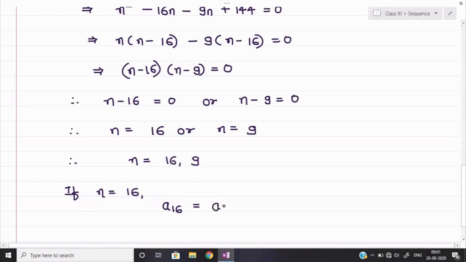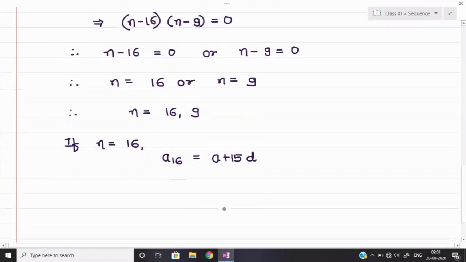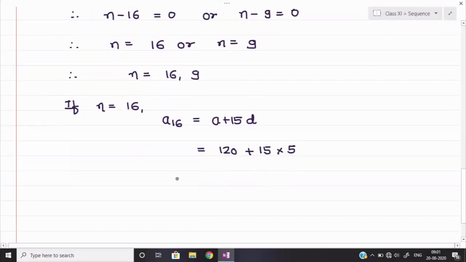That will be a plus 15d. If I put the value of a as 120 and d as 5, as given in the question, now let us solve it. 120 plus 75, 15 into 5 is 75, and this will become 195, and see, it is coming more than 180 degrees.